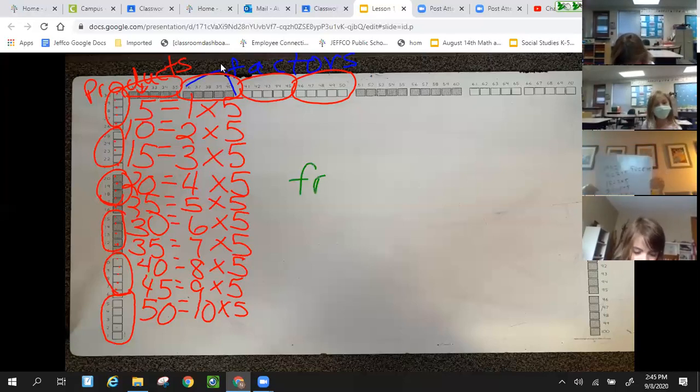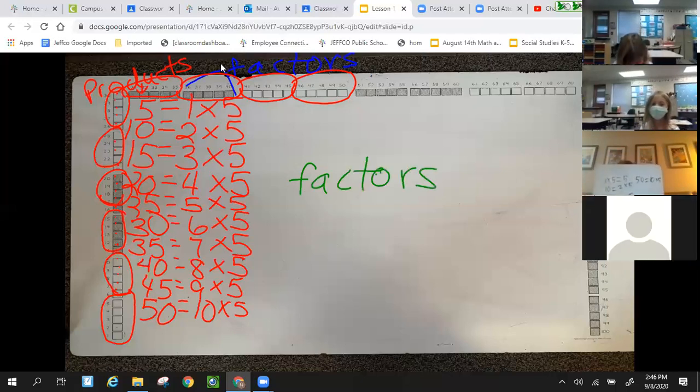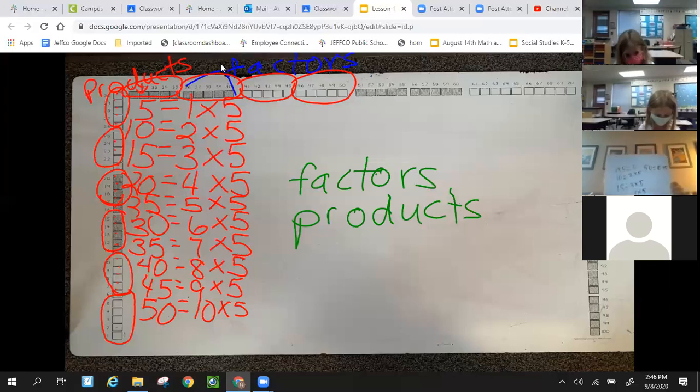Here's the word fractions, factors. I'm skipping to a whole new unit. Factors, products, if you couldn't see that. There you go. So what are we doing? You're writing down what you noticed.